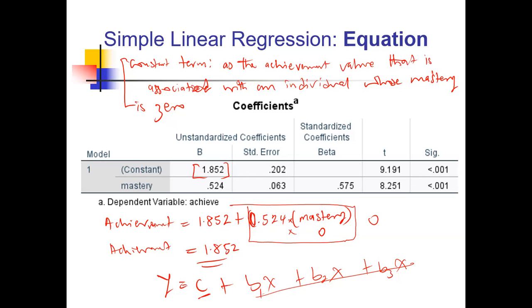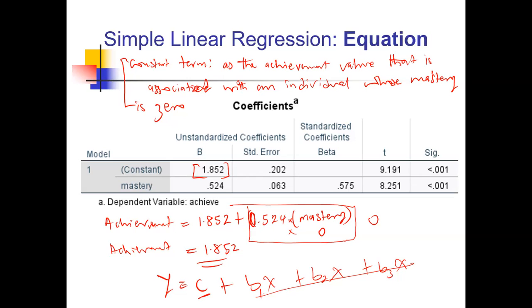Any other question or concern on this one? All right, so when you are defining this, define it in context. The constant term is the value of achievement for somebody who has 0 score in mastery.